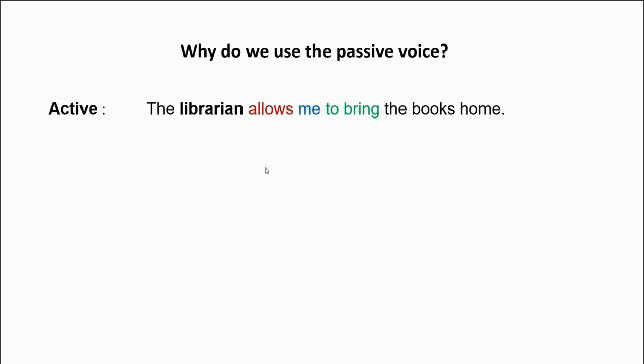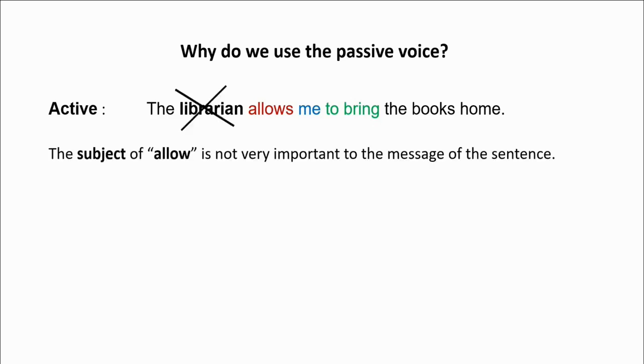So, it's giving us lots of information, but the subject of allow is not very important to the message of the sentence. Do we really need to know who gave me permission to bring the books home? Surely, the most important thing that we need to understand is that I have permission to bring the books home.